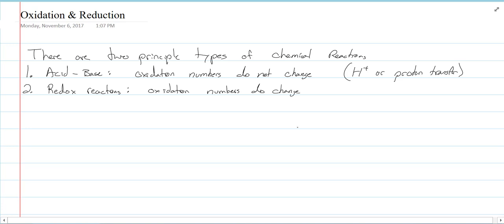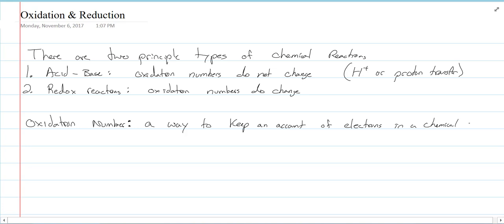The next obvious question to me would be, what's an oxidation number? Right? It's a way to keep an account of electrons in a chemical reaction.